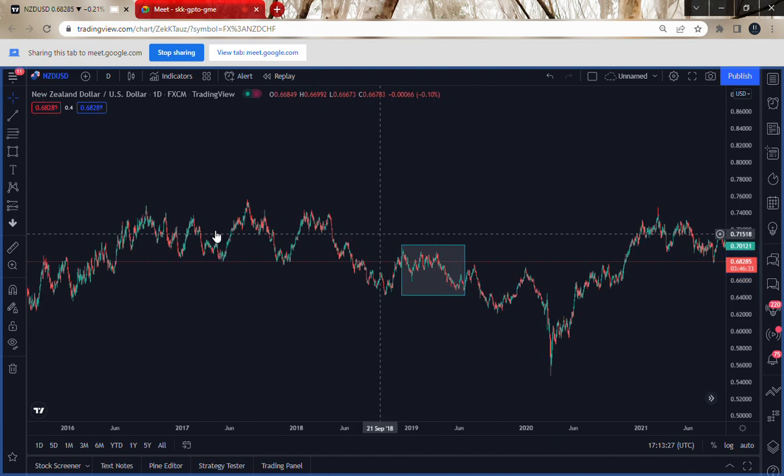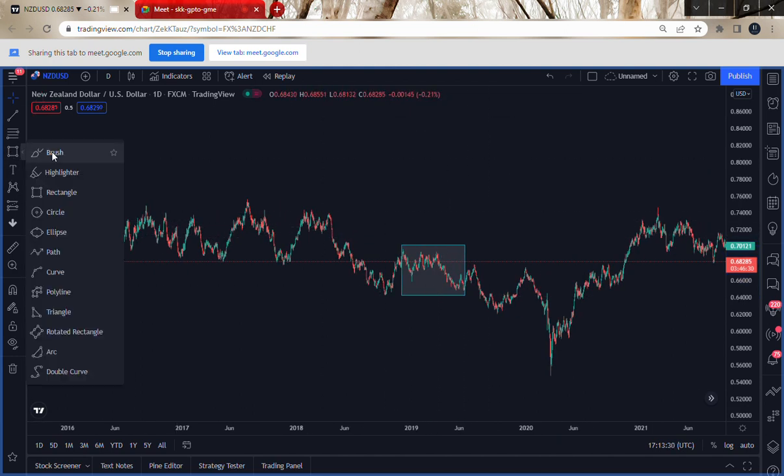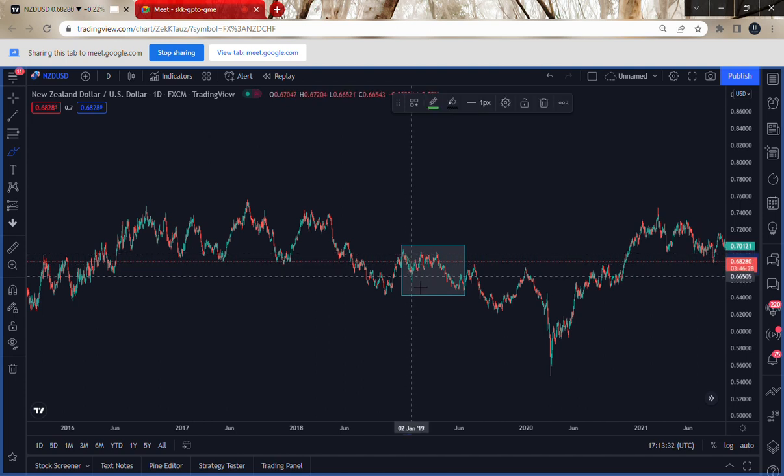Let's say now here we see that we have the impulse with the correction, and now we're looking to catch this correction to the downside, right?